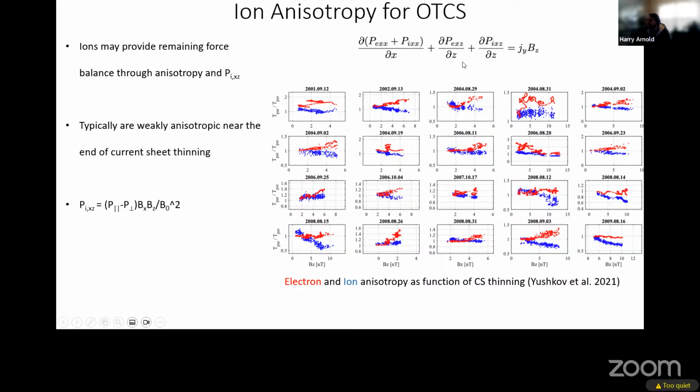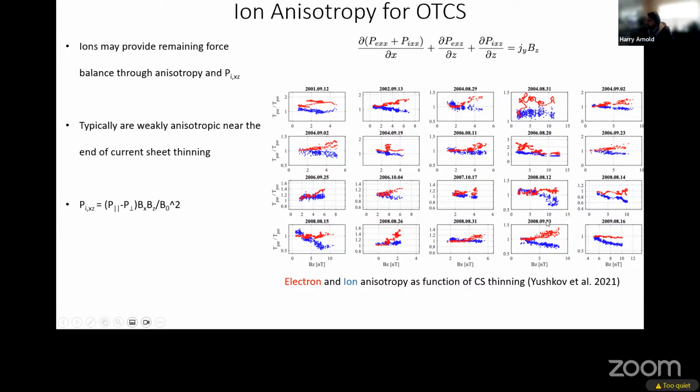But then you have these off-diagonal components, and these come from the anisotropy. And you can see that quite clearly from this equation down here. If P parallel minus P perp is non-zero, then you will end up with some off-diagonal component, and that can contribute to your force balance and balance your J cross B and result in thin current sheets.